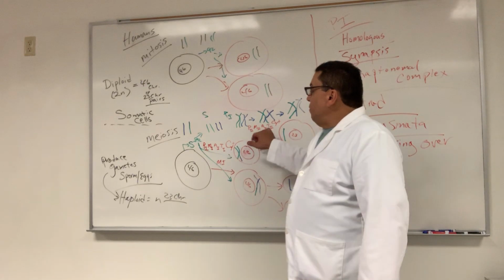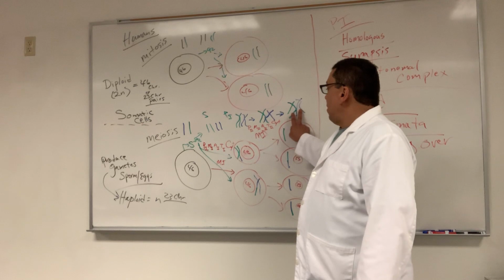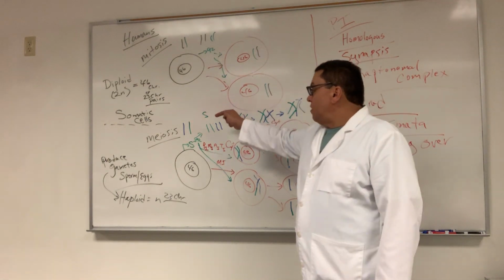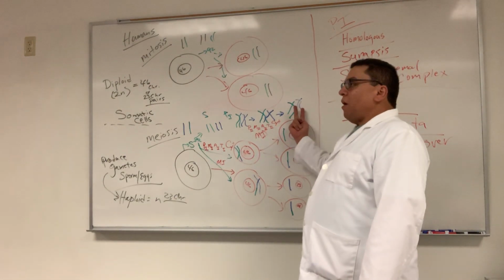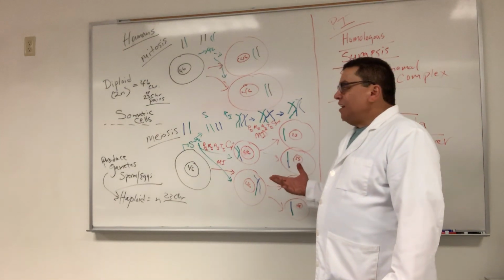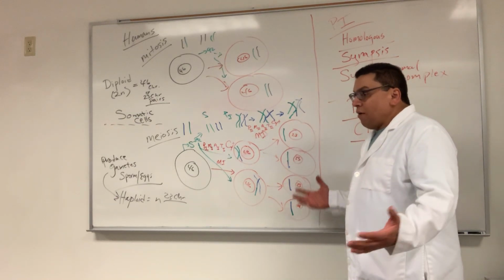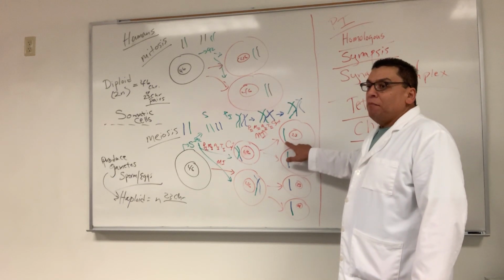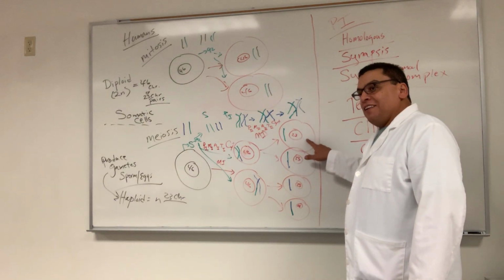Sometimes this one lining up is facing this way, sometimes facing that way. If it's facing this way, then this one is going to this cell, and this one is going to that cell. What if it lines up the other way? Then this one is going to that cell, and that one to this cell. So at the end, you end up with a whole array of things. This one might have the full chromosome 1 from mom, but then the crossed over chromosome 2 from dad, and so forth.